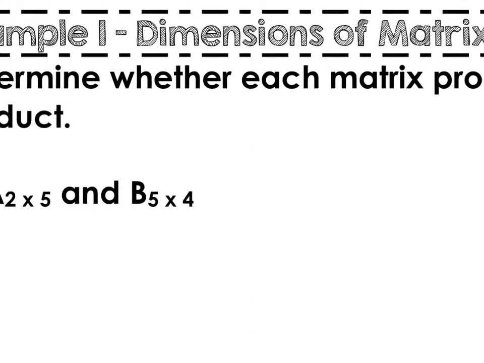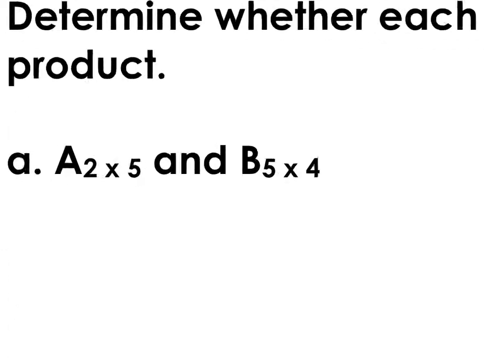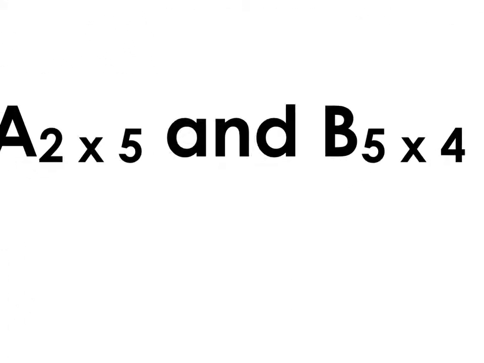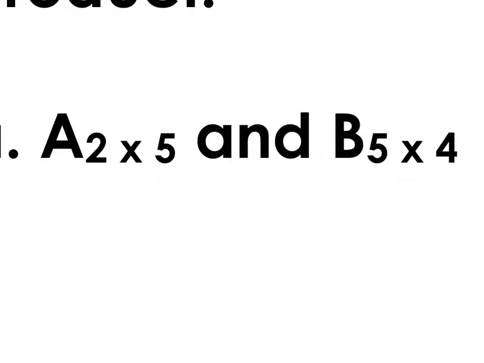Zoom in here. Looking at A, I have a 2 by 5 multiplied by a 5 by 4. Perfect. The innies and the outies. You can only multiply two matrices if their number of columns is equal to the number of rows. So the number of columns in the first matrix must be equal to the number of rows in the second matrix.